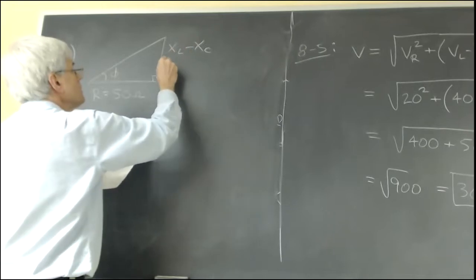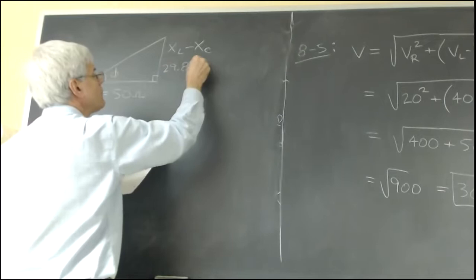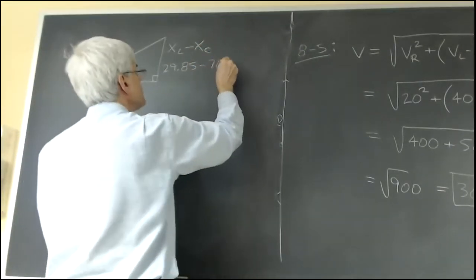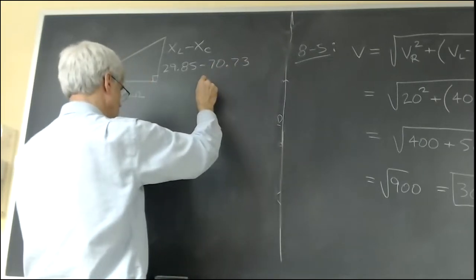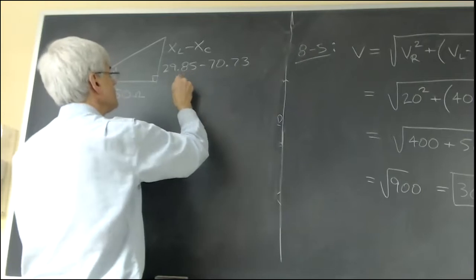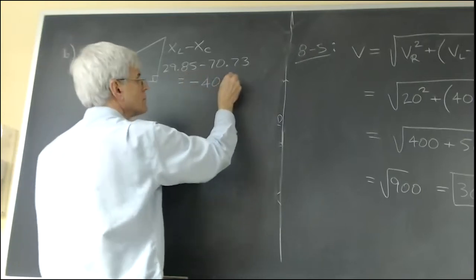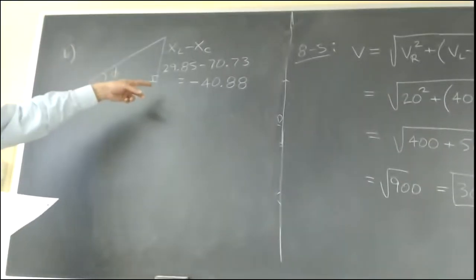So 29.85 minus 70.73 is negative. In fact, it comes out negative.